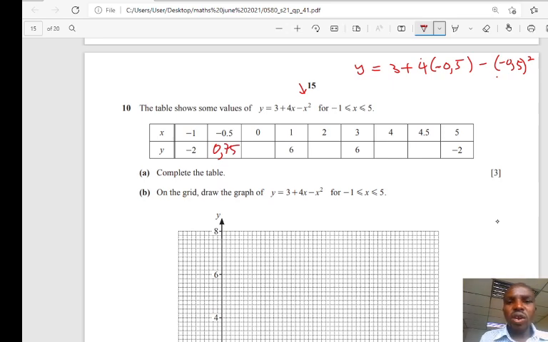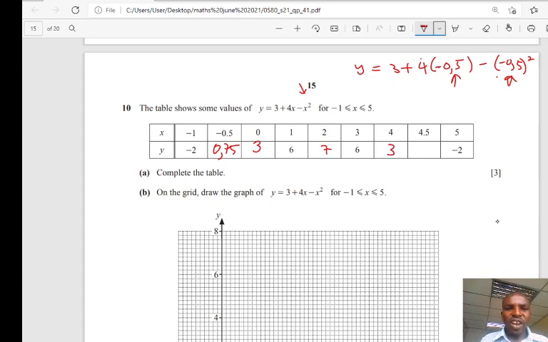Then you get 3 over 4, which is 0.75. Then when it's 0, put 0 here, what do you get? You get 3. Right? When it's 2, you just put 2 here. So it's 3 plus, you get 7. Then 4, you put 4, you get 3.